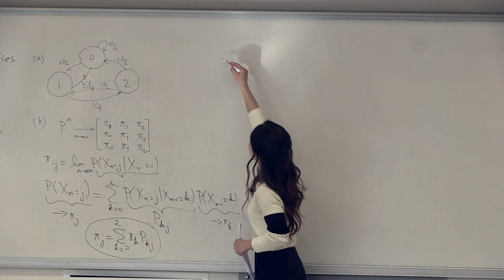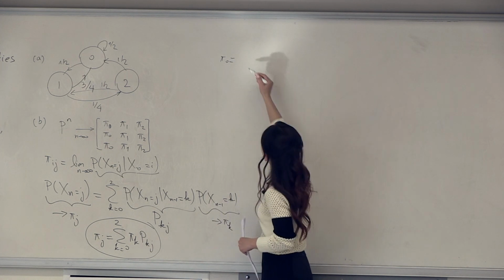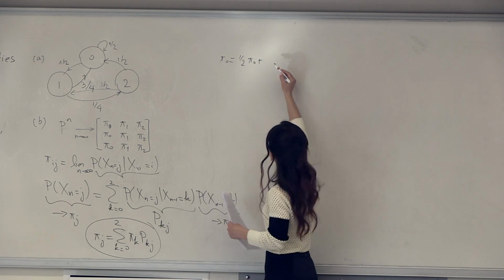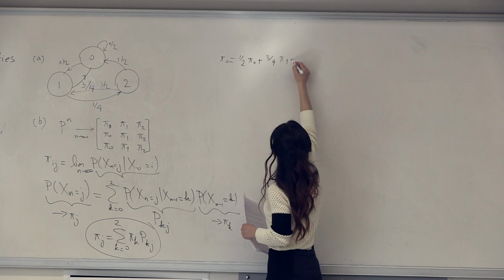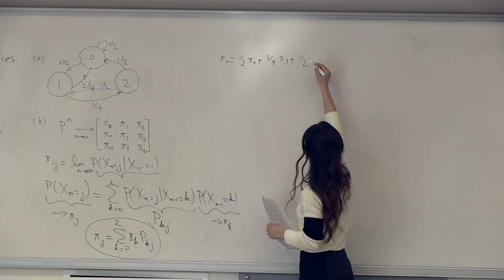Pi 0 is equal to 1/2 pi 0 plus 3 over 4 pi 1 plus 1 over 2 pi 2.